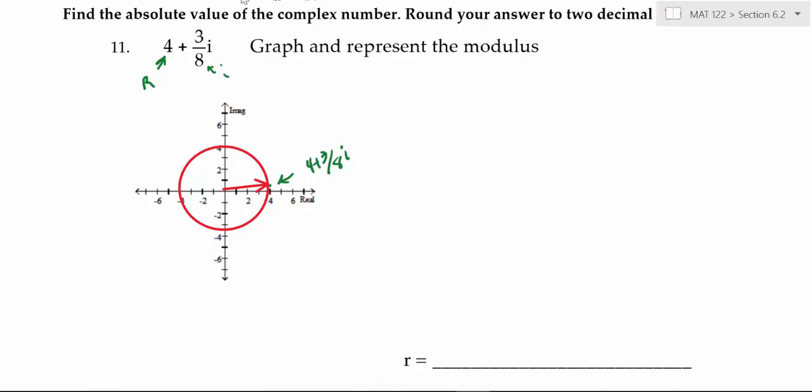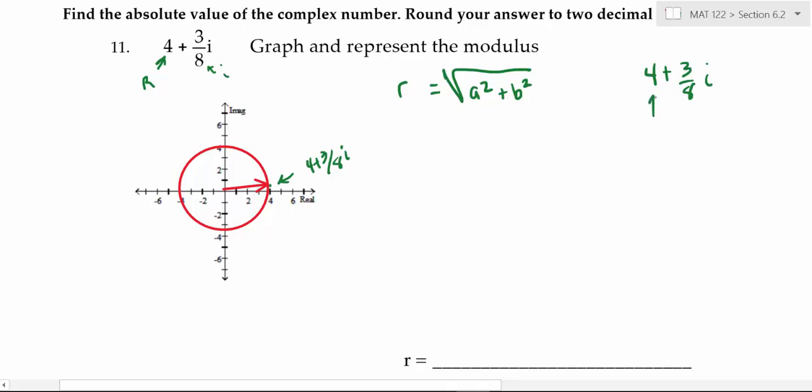So when we do this, we're just going to crunch out r is equal to the square root of a squared plus b squared. So in your complex number, 4 plus 3/8 i, that's a, that's b. So it's really an arithmetic problem. So let's crunch it out. a is going to be 4, b is going to be 3/8, and we're going to square that.